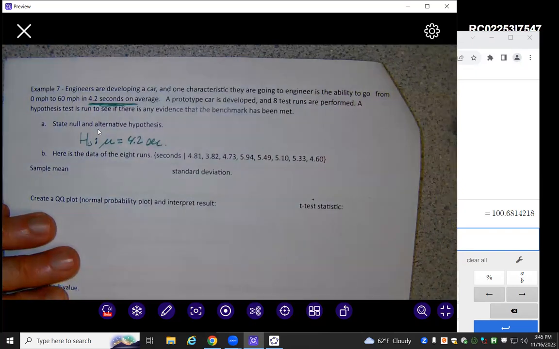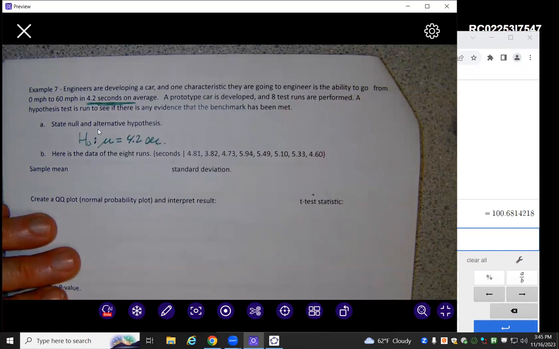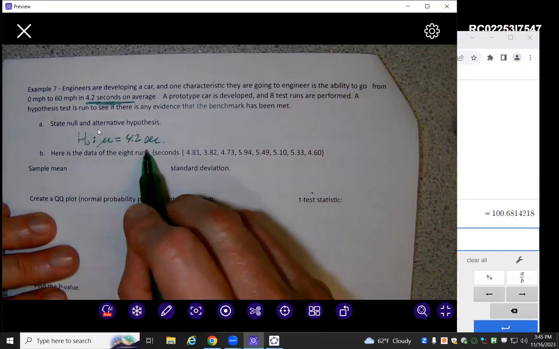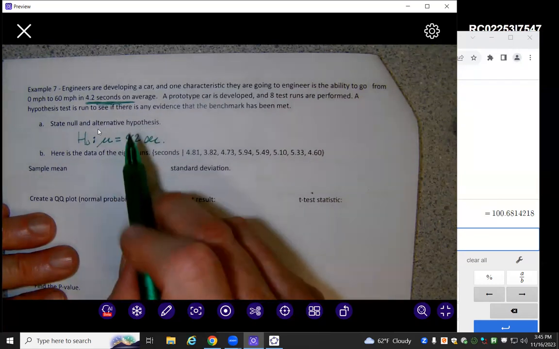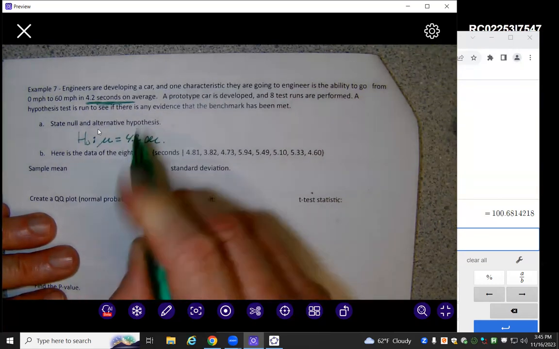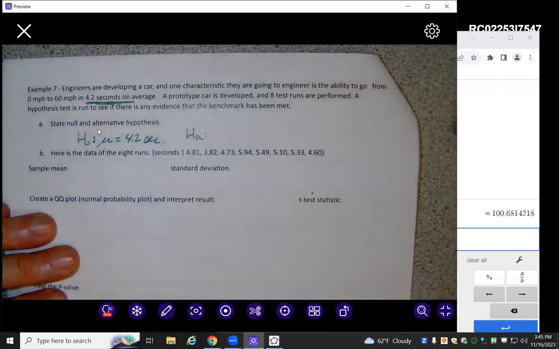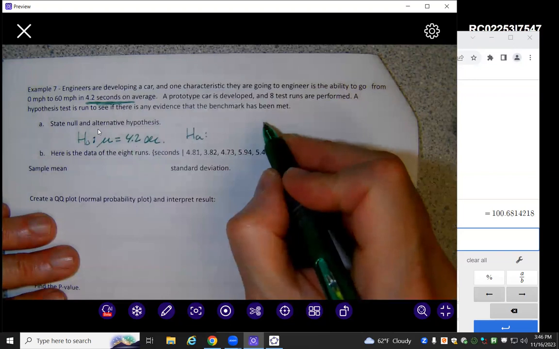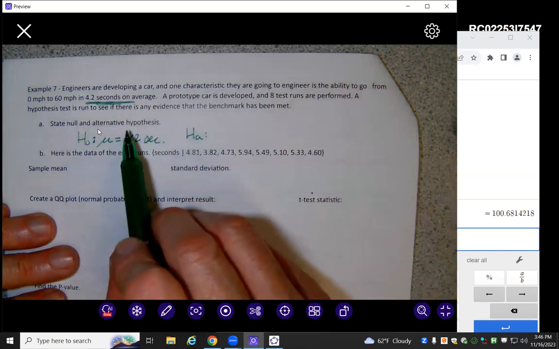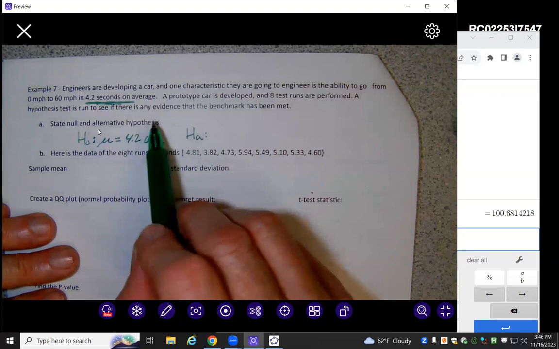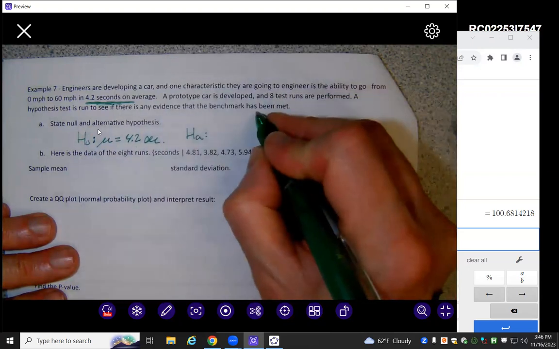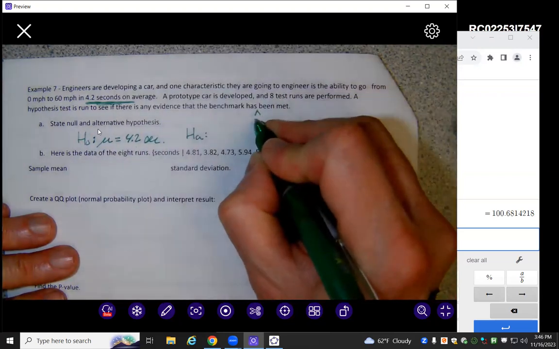And by the way, I don't like this question. I did it, but I'm going to tell you in a minute why I don't like it. I'm assuming that the car is ready to go. That's one thing I don't like, because we're assuming the car can do it, and then we're trying to find evidence that the benchmark has not been met.